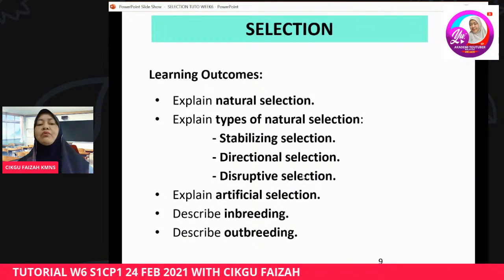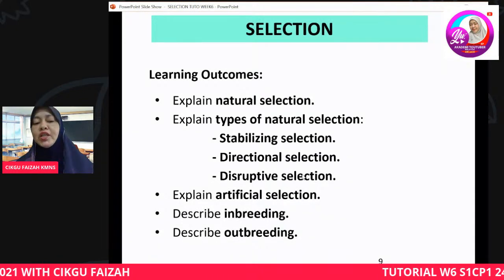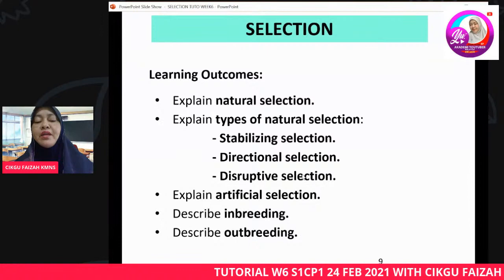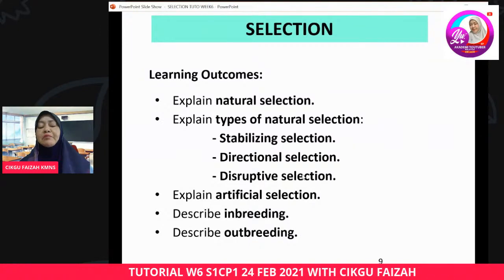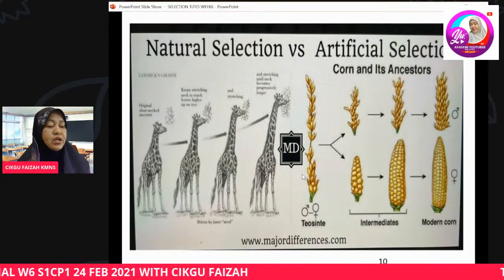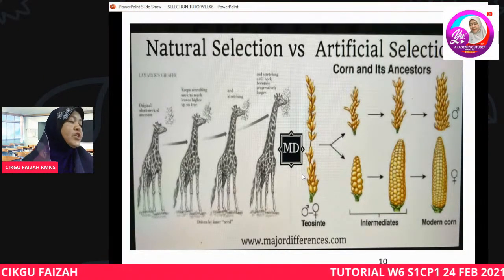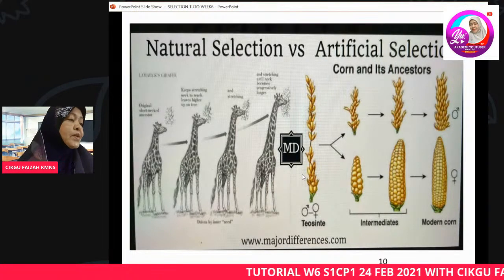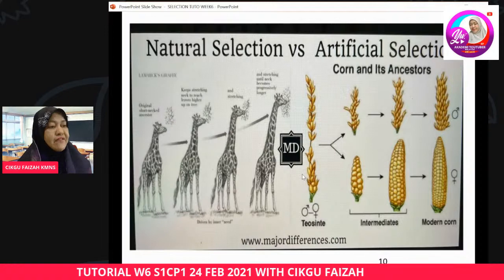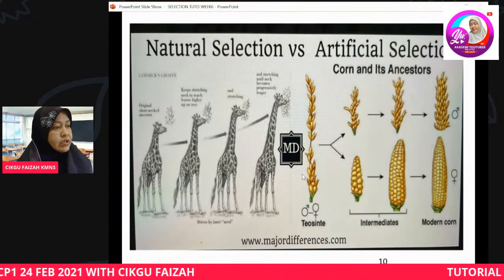Alright, okay, what are the learning outcomes, class? Explain natural selection and the 3 types of natural selection, as well as explain artificial selection and the types of artificial selection. Okay, so you may refer to page 76, the overview of our learning topic 3, and also 77 until 81.